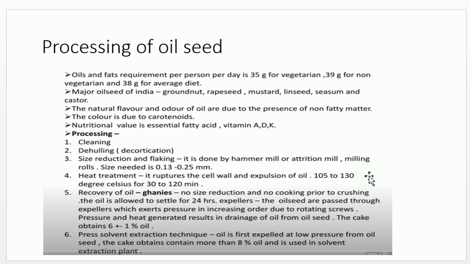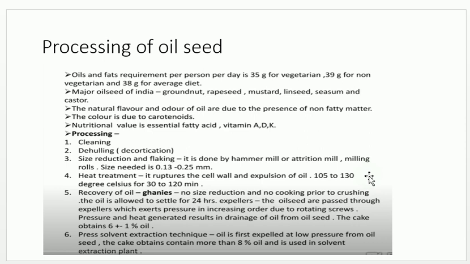In the expeller, the seed passes through an expeller, which exerts pressure in increasing order due to a rotating screw. So the expeller uses pressure in order to extract the oil.